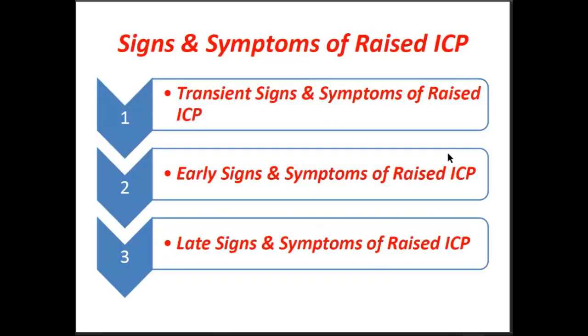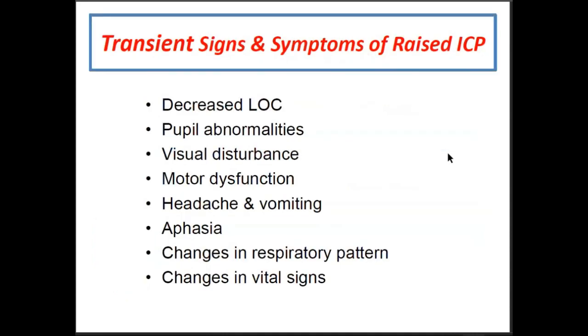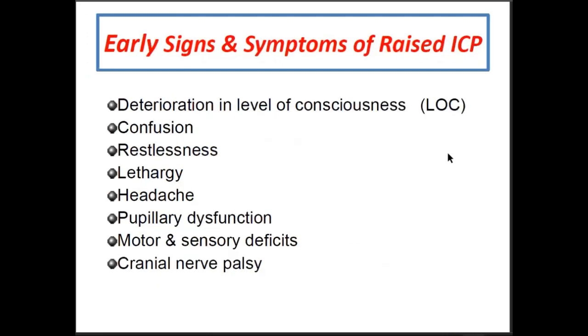Signs and symptoms of raised ICP. There are early transient signs, there are early signs, and there are late signs. So what are the transient signs? Transient signs are decreased LOC, pupil abnormalities, visual disturbance, motor, headache, aphasia, changes in respiratory pattern, changes in the vital signs.